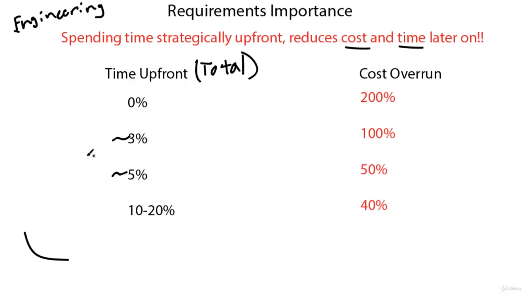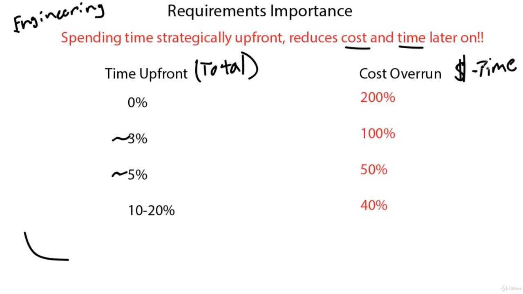So if we just spend 5% of all of our time, a very, very small chunk of time, if we spend 100 hours, we're talking about 5 hours up front just going over this thing, we can save ourselves 150% of extra overrun. And this is cost overrun in both dollars and in time. So it's both of these, usually because the two go hand in hand with one another.